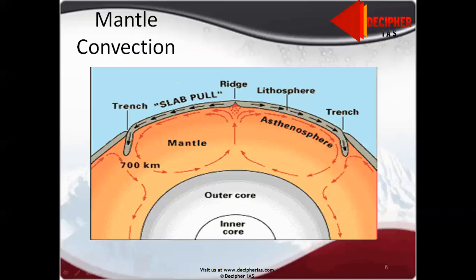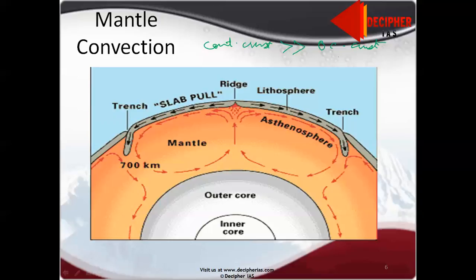So let's move ahead. Now there is one more very important concept called mantle convection. That is how our oceanic crust is consumed. First of all, one thing you need to remember is that continental crust is way older than oceanic crust.